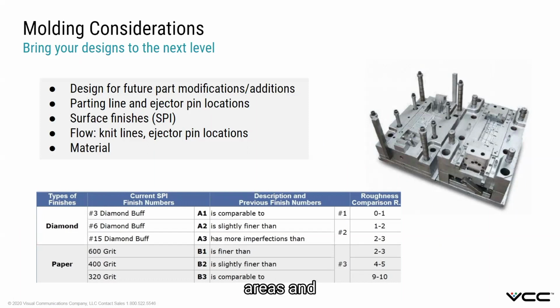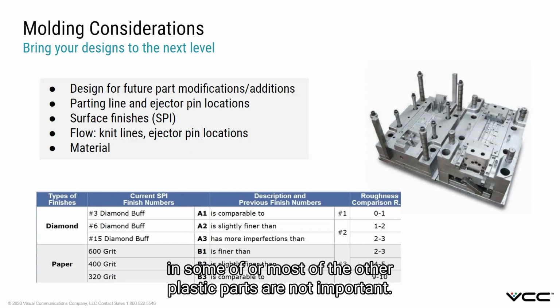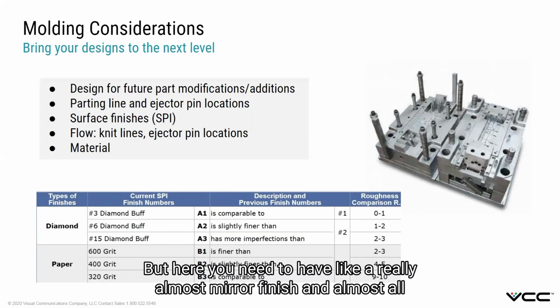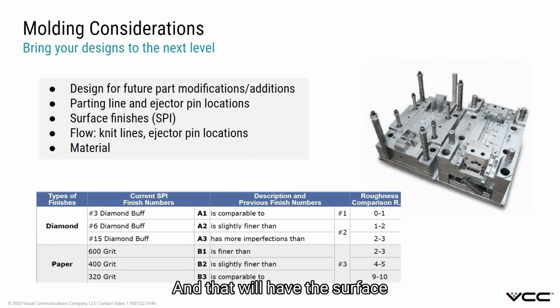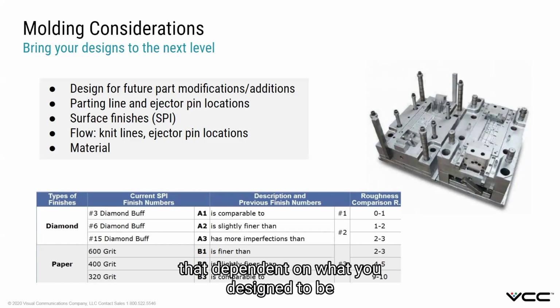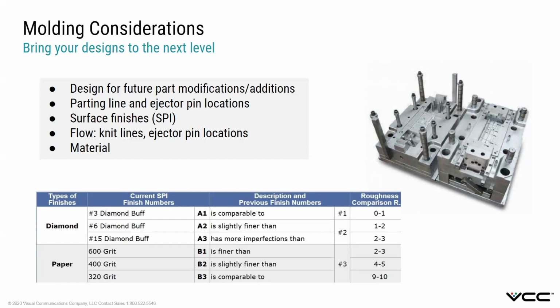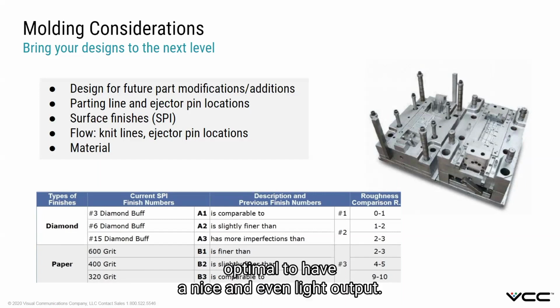In most other plastic parts that is not important, but here you need almost a mirror finish in almost all of the areas, again, except on the target surface, which will have the surface you design to be optically optimal to have a nice and even light output.